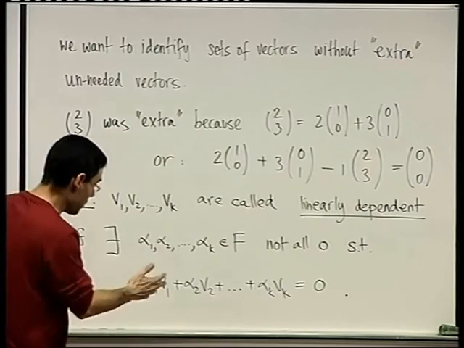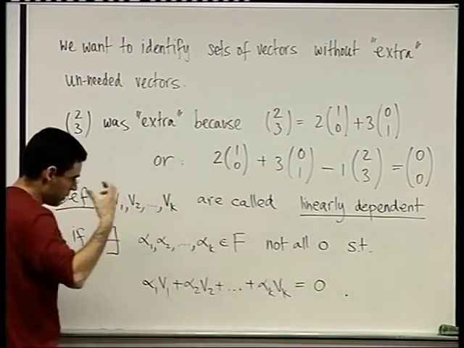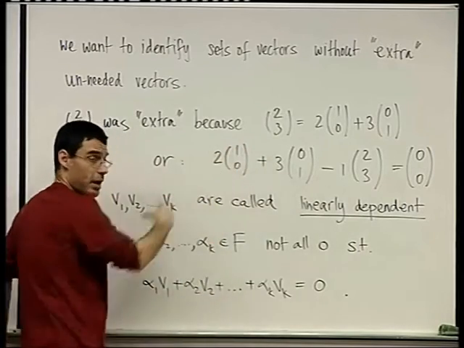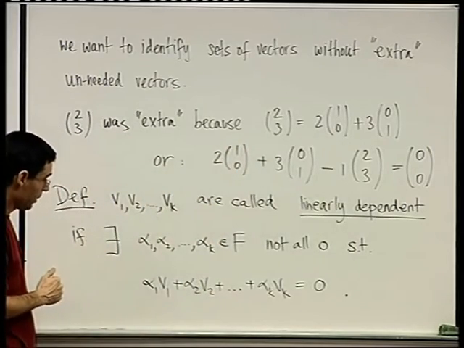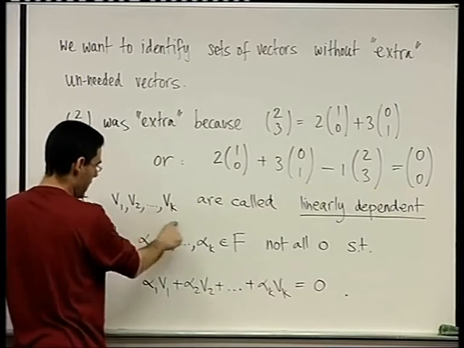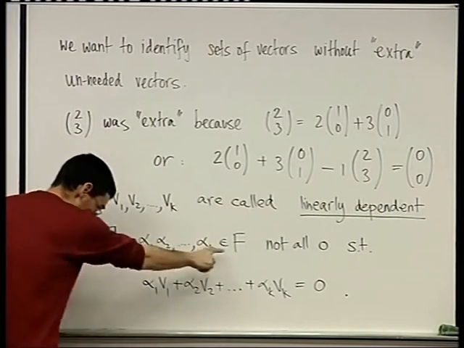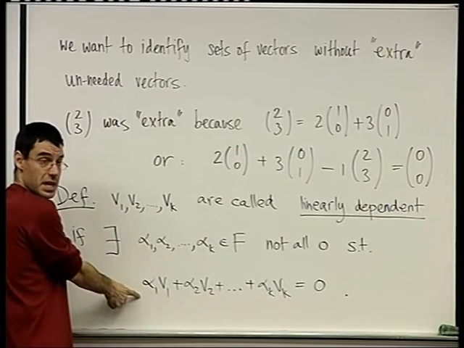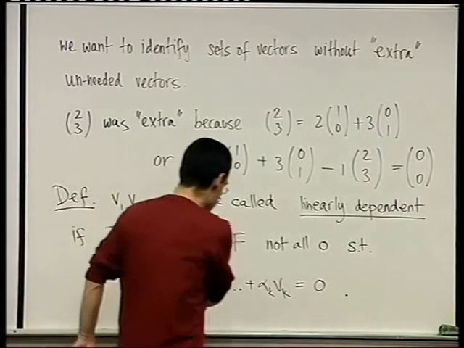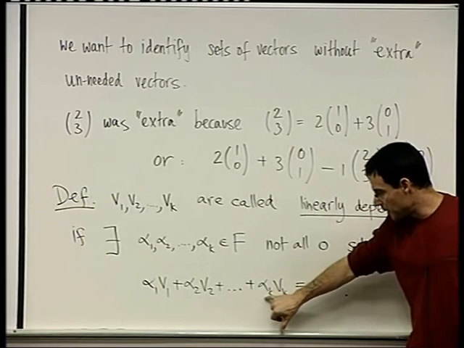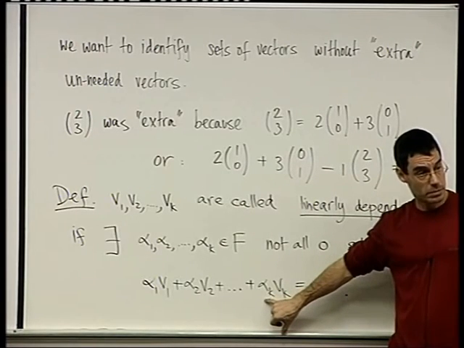So in general, here's another way of saying it abstractly, which reflects what just happened in the example. Suppose you have this set, and it's linearly dependent. You can find scalars like this and write this. Then, for example, suppose alpha k is not 0, okay?